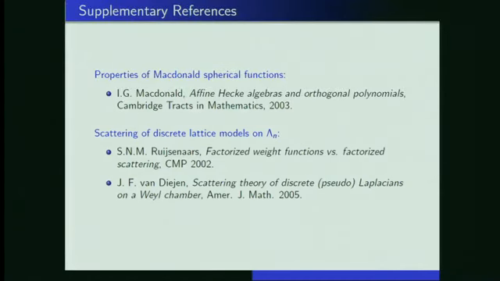I used a lot of spherical function material that you can find here. If you look at the right place, the necessary formulas are here, and then you have to take some limits and things, and you get them. Then I used some scattering theory too.